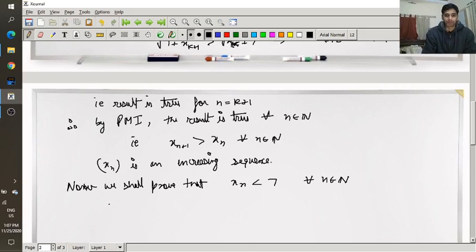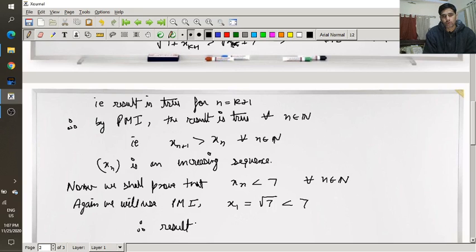Now see how. x1 is root 7, so clearly it is less than 7, right? So this is obvious, root 7 is less than 7. Therefore the result is true for n equals 1.